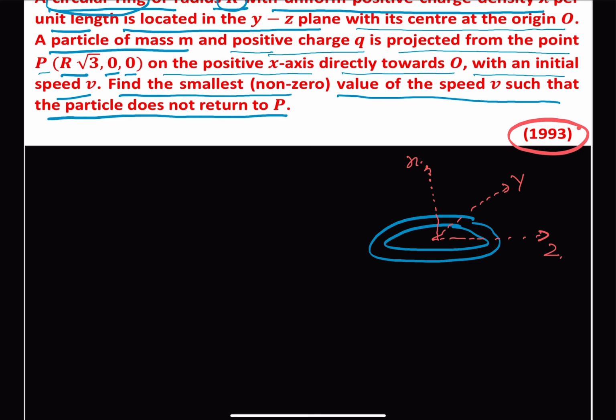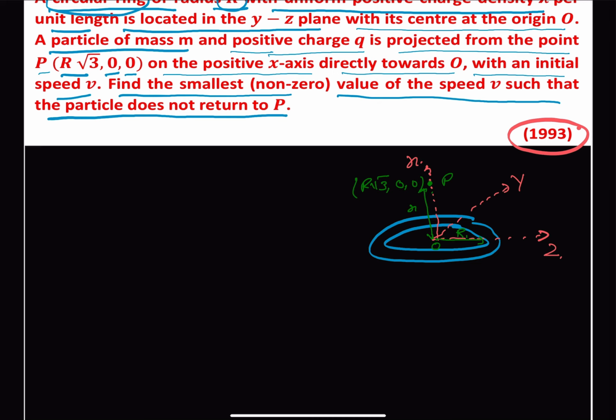We are told about a particle P, so let us mark a point P. Suppose this is point P and its coordinate is given as r square root of 3, 0, 0, and it is at a distance of x from the origin. So this is origin O, at a distance of x from the origin, and we are also given the radius r.